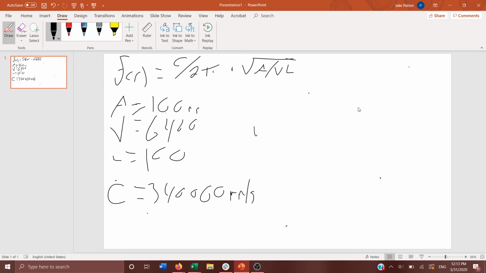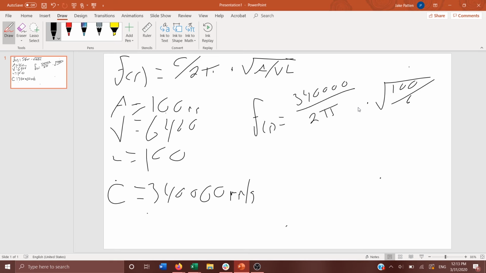So what you do is you just rewrite your formula, Fr equals 340,000 over 2 pi multiplied by square root of 100 divided by 6,400 times 100. All right.